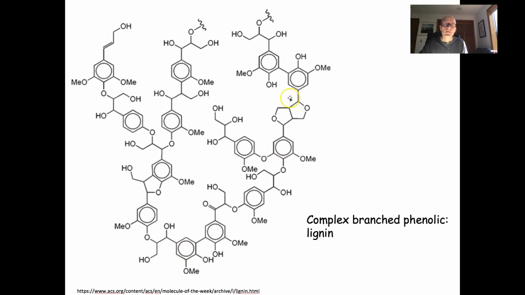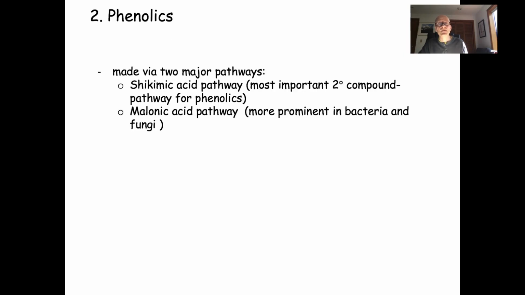So they can be very complex in their branching, and this type of phenolic is lignin. So there's not just one type of lignin. Lignins look like this, and they can be hundreds of molecules long or big, and they can be branched in all different kinds of ways. You see these little squiggly lines. That means that the molecule isn't over there. Okay, so those are some of the phenolics.